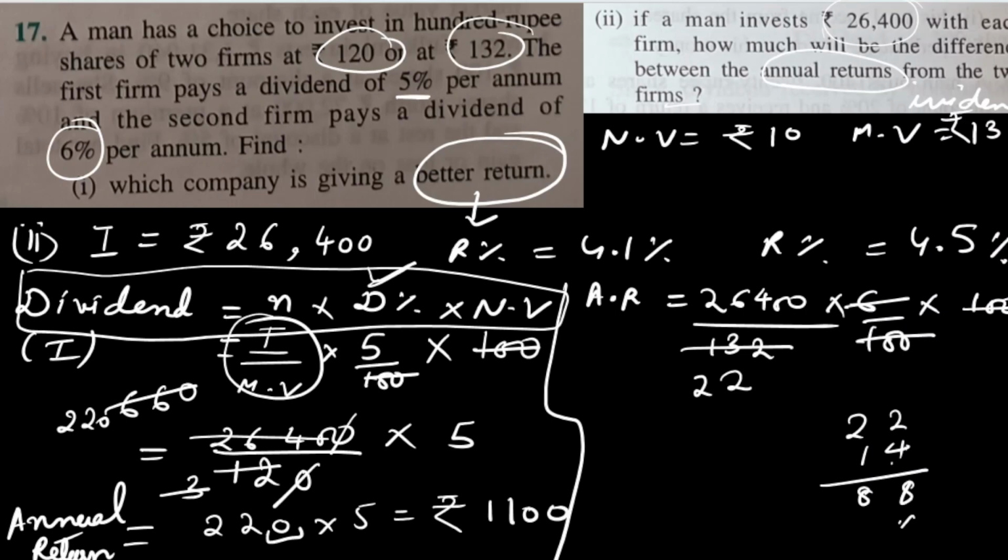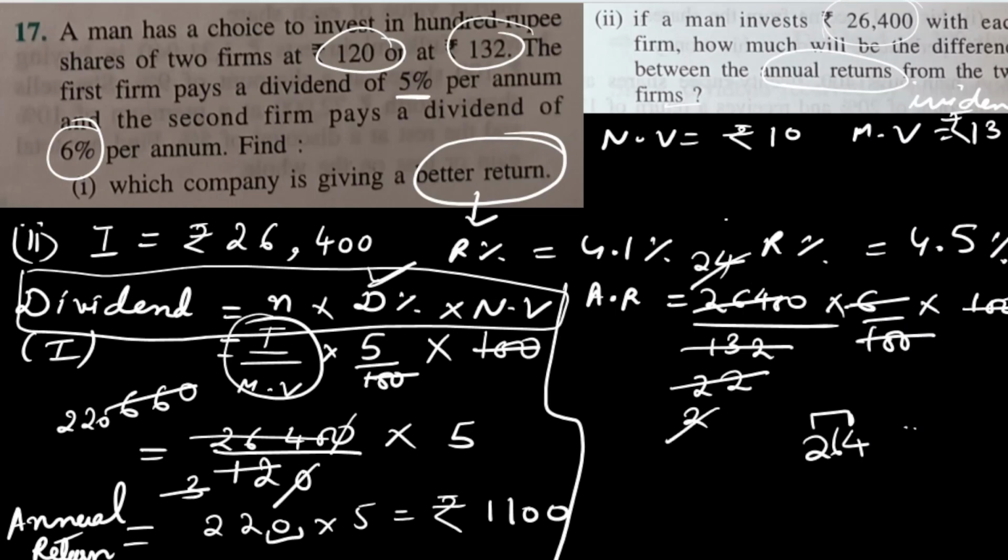One second, let's do cancellation on 11's table. I have told you 11's trick. 264 it is, right? Whenever the sum of the outer numbers, 2 plus 4, is 6, that means this is 11 into 24. And this is 11 into 2, 2 into 12.